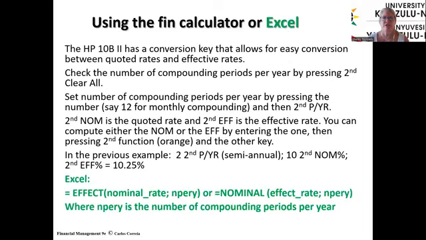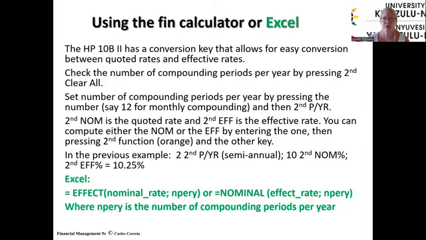Then depending on the question, you're going to set it to the number of compounding periods per year. So if you're working with semi-annual compounding, for example, you're going to set your PYR setting to 2. If it's monthly compounding, you'll set your PYR setting to 12. If it's daily, 365, etc.